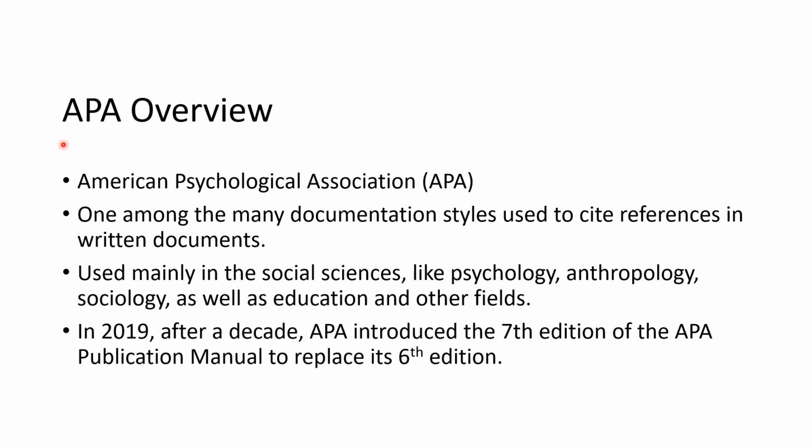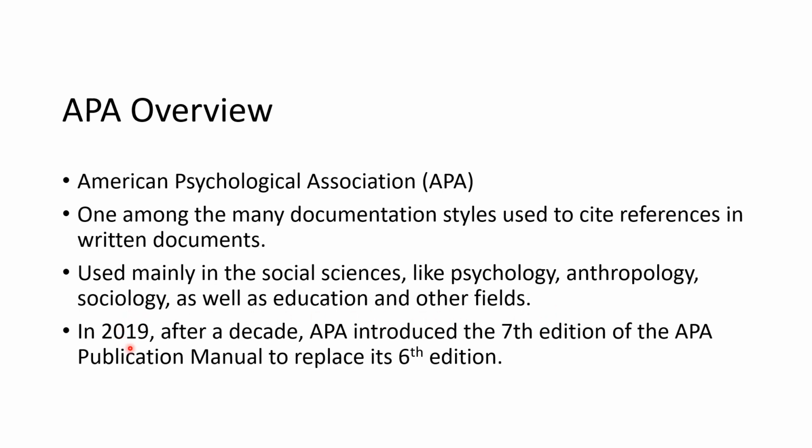What is APA? APA stands for American Psychological Association. It is one of the many documentation styles used to cite references in written documents. It is used mainly in the social sciences like psychology, anthropology, sociology, as well as education and other fields.